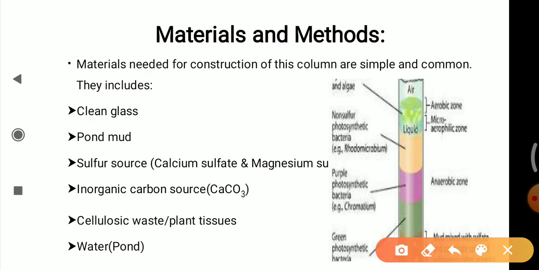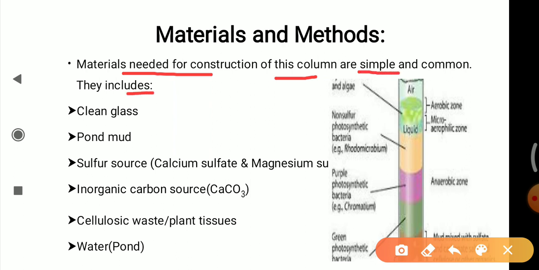Now we will see the materials and methods required to construct the Winogradsky column in the laboratory. The materials are simple and common.